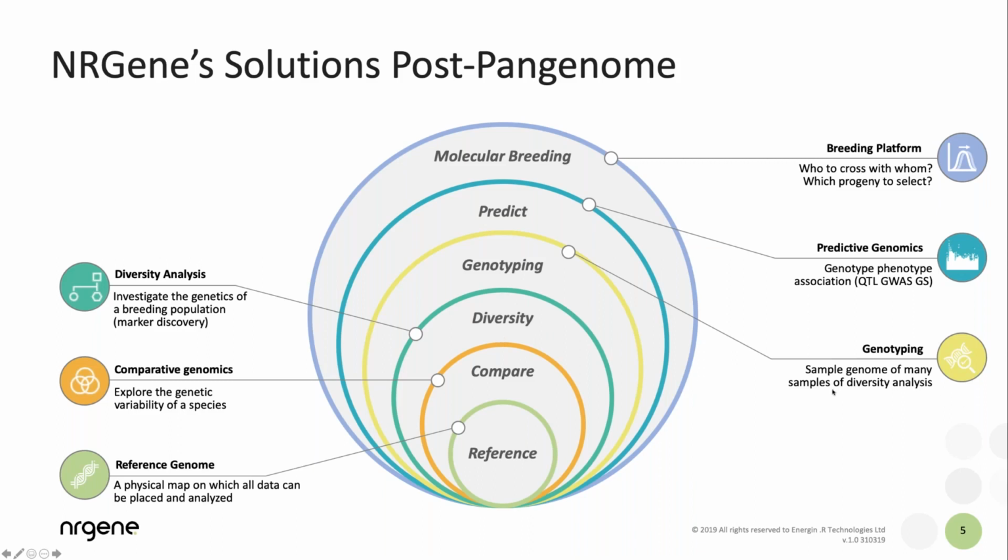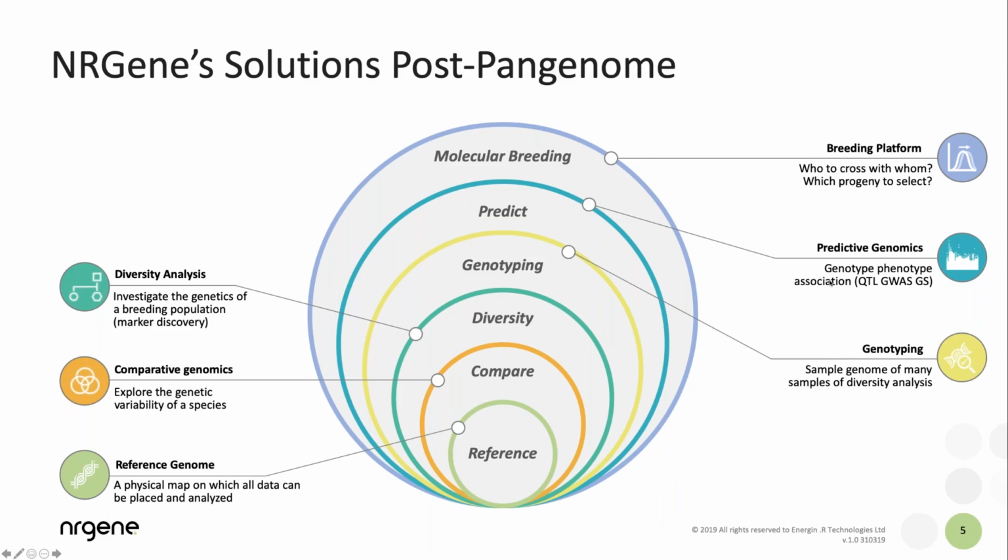I mentioned that this gets breeding programs into a place where genotyping through high throughput sequencing at a very low coverage after the pangenome is created really makes affordable genotyping by sequencing a reality in cotton.